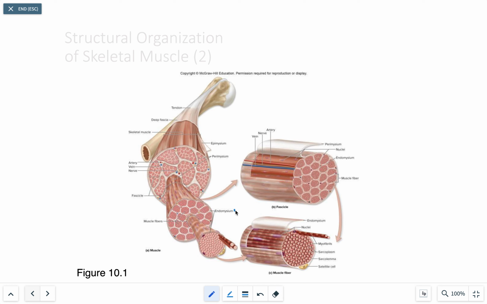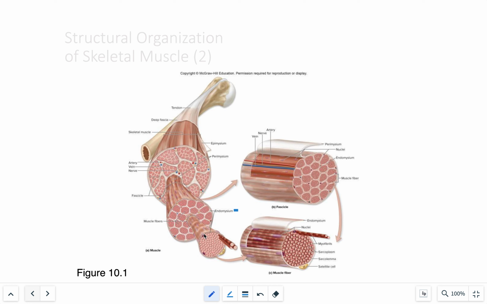Moving deeper into the skeletal muscle is the endomysium. This is where the connective tissue component changes. The endomysium, located here, is composed of areolar connective tissue that surrounds and insulates each individual muscle fiber.